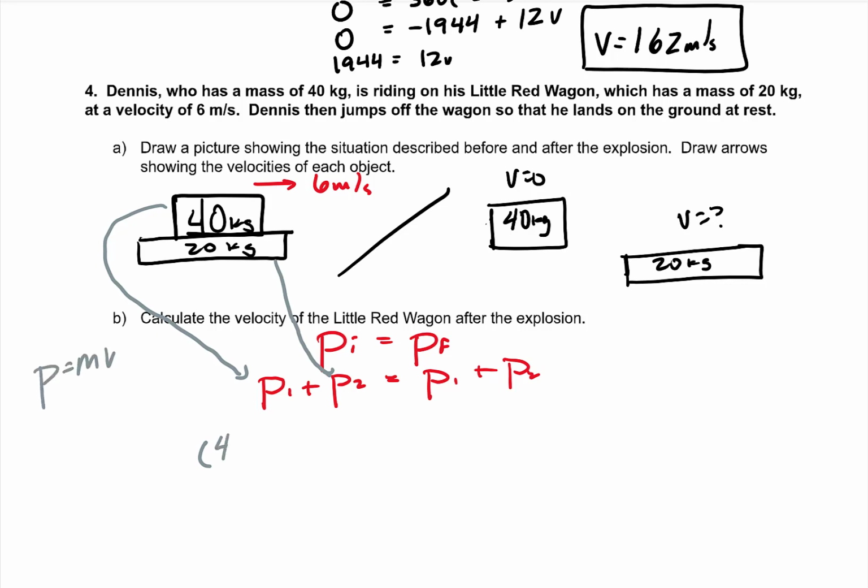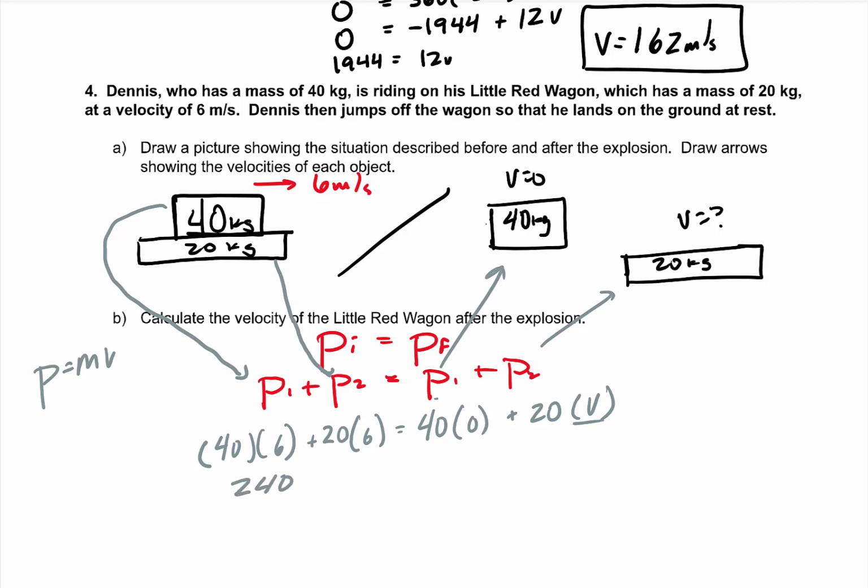So for object 1, that's 40 kilograms times a velocity of 6. For object 2, that's 20 kilograms times a velocity of 6, is equal to the momentum of object 1 afterwards, that's object 1, 40 kilograms times 0, plus the momentum of object 2 afterwards, 20 kilograms times the final velocity, whatever that might be. So in this whole expression, the only thing we don't know is the final velocity.